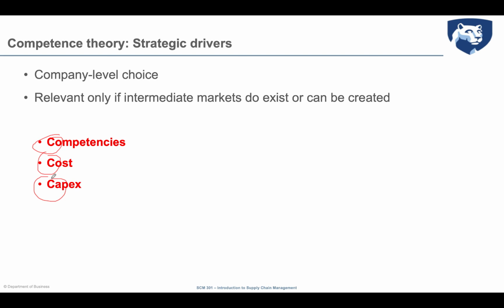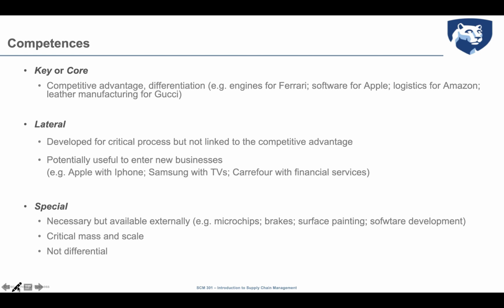What does it mean? Briefly, we analyzed that competence can be key or core, lateral, and special, and here you see the definition. The key or core are the ones that contribute to the competitive advantage of the company: engines for Ferrari, software for Apple, logistics for Amazon, leather manufacturing for Gucci.